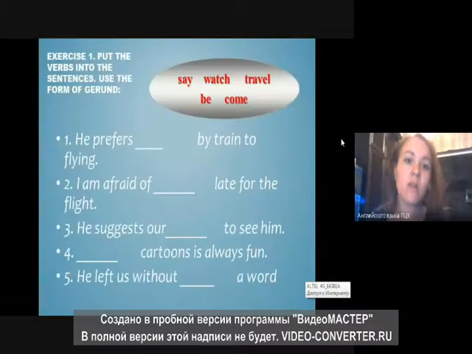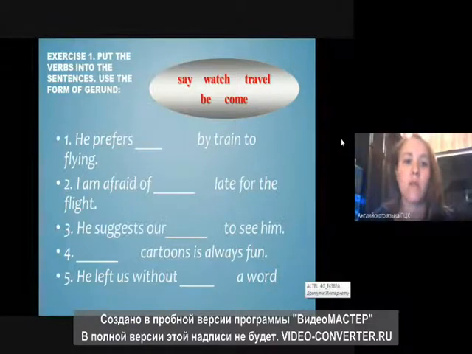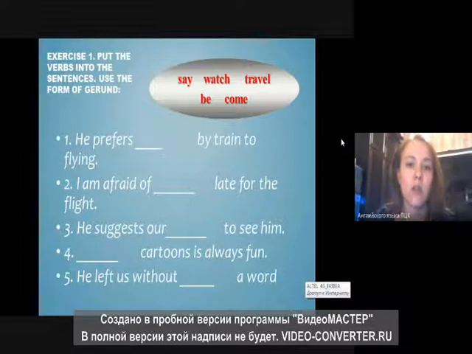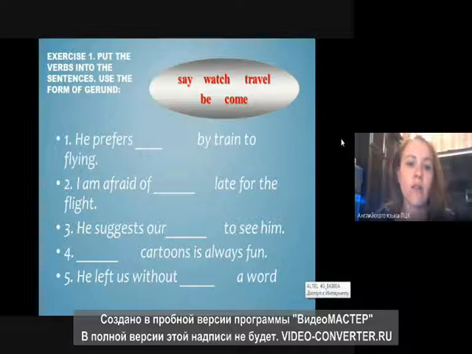So now let's go to some exercises. The first exercise: put the verbs into the sentences with the form of gerund. He prefers by train to fly. Think a little bit and choose one word which we can put here.